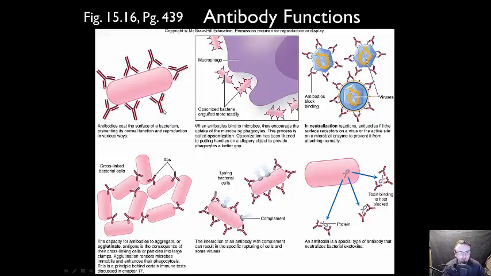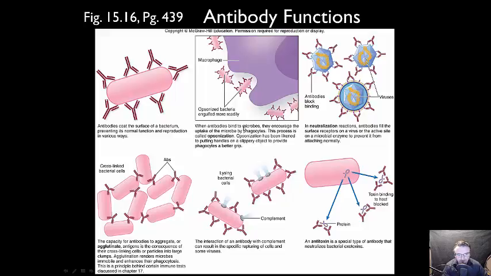So they're binding and sticking. Now, opsonization follows, where this binding allows macrophages to grab hold of these bacteria and phagocytize them more easily. Macrophages can do this anyway, but when the bacteria are bound with antibodies like this, it signals the macrophage to do it at a faster, more efficient rate.